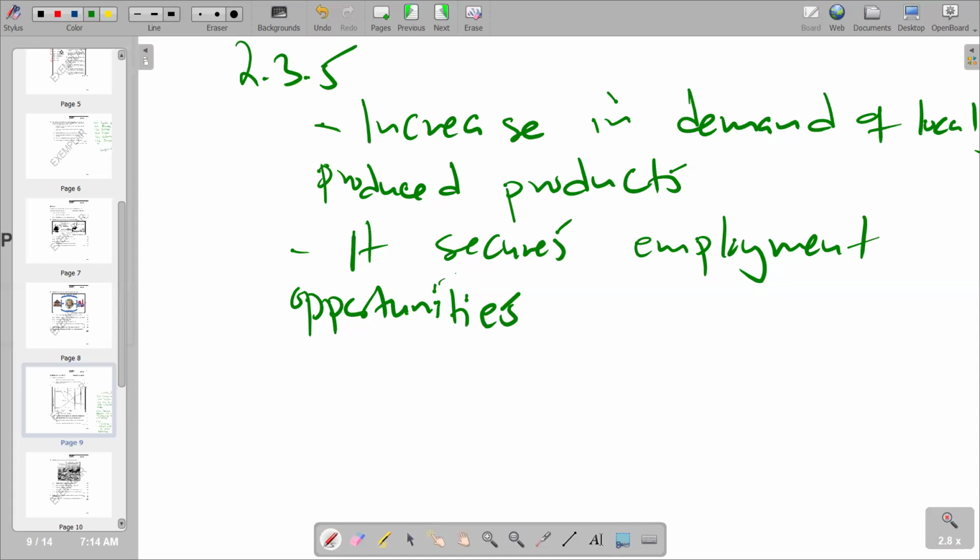So that is also a positive emanating from the increase in demand, whereby there's going to be expansion of production, and the monetary value of goods and services is going to increase. And this is going to go on and on as it increases from year to year, and it leads to economic growth.